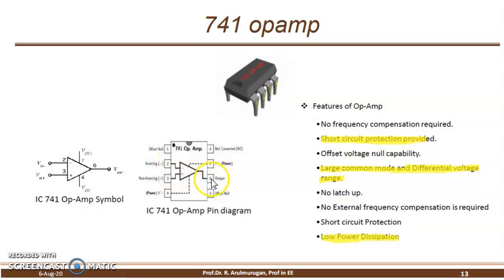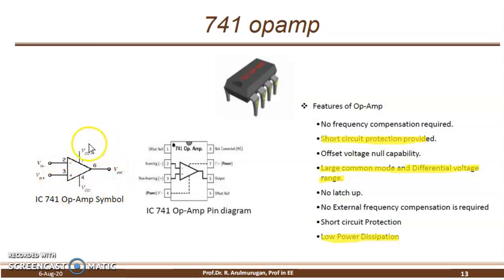Pin number 6 you can take as the output. Where do I give the power source, plus VCC and minus VCC? Pin number 7 you can give the plus VCC, pin number 4 you can give the minus VCC. Whenever you are doing the practical application, keep this in mind, it is important. So simply remember 2, 3, 4, 7, and 6 here.